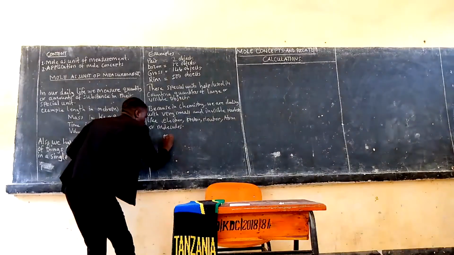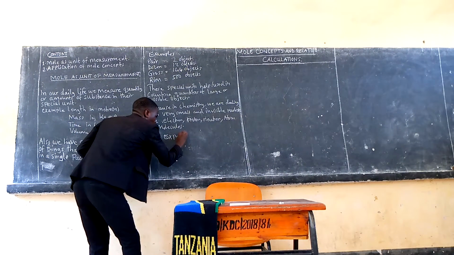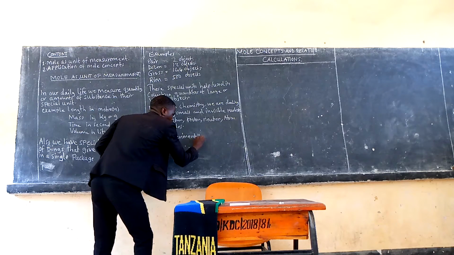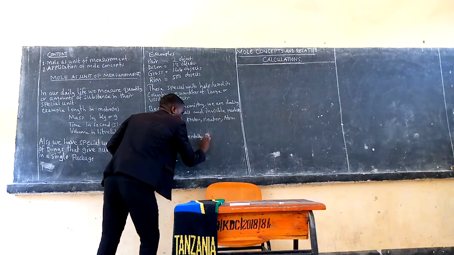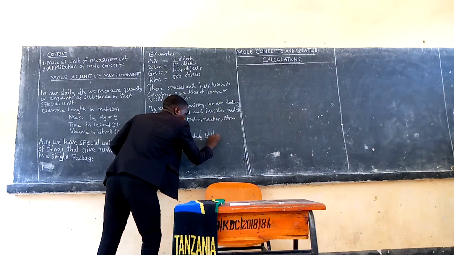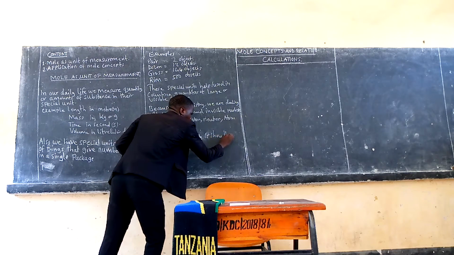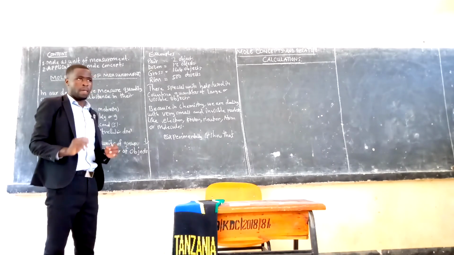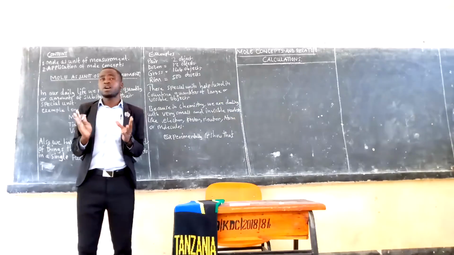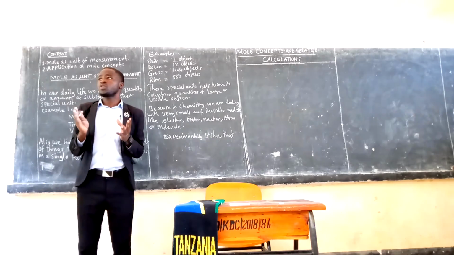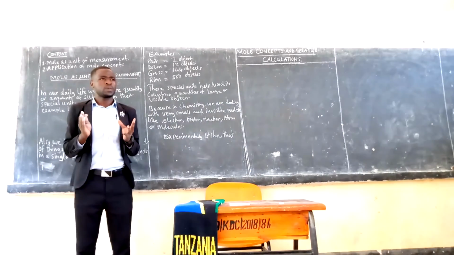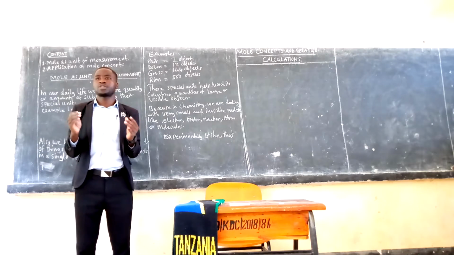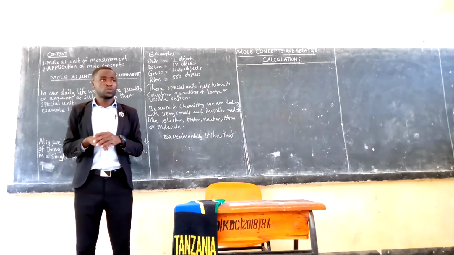Experimentally, it shows that 1 mole of carbon element consists of 6.02 times 10 raised to exponent 23.